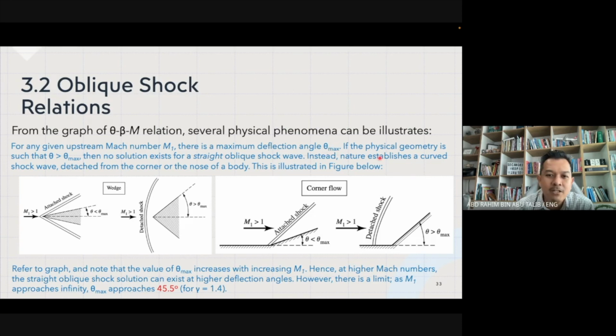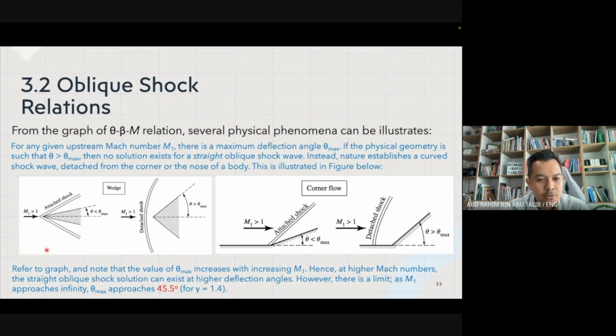If the physical geometry is such that theta is greater than theta max, then no solution exists for a straight oblique shock wave. Instead, nature establishes a curved shock wave, which detaches from the corner or the nose of the body, as illustrated in this figure below.